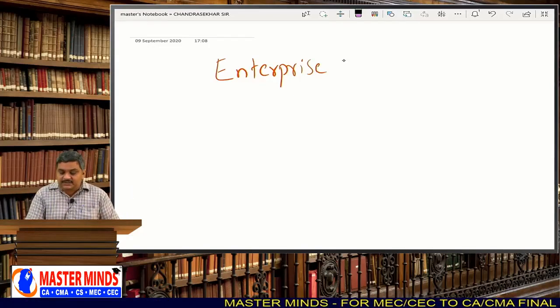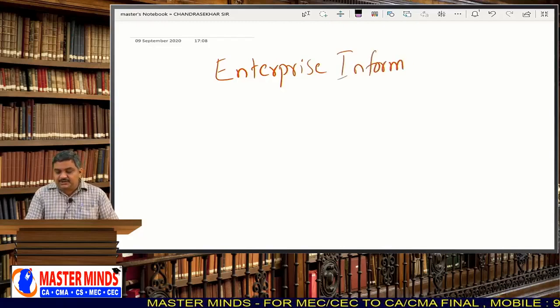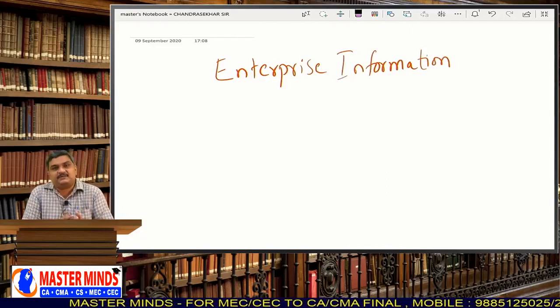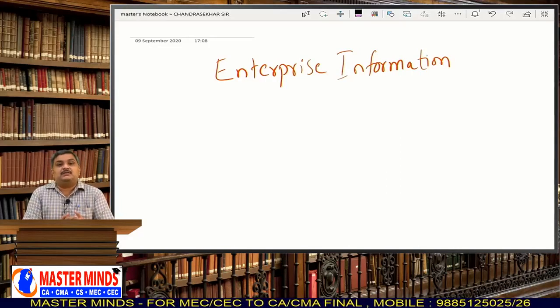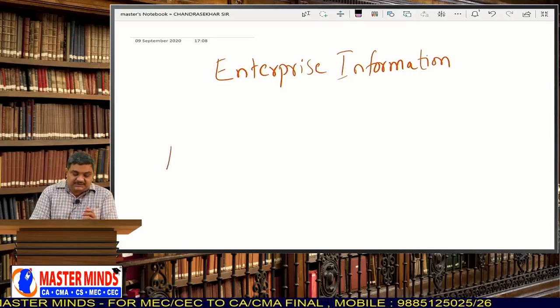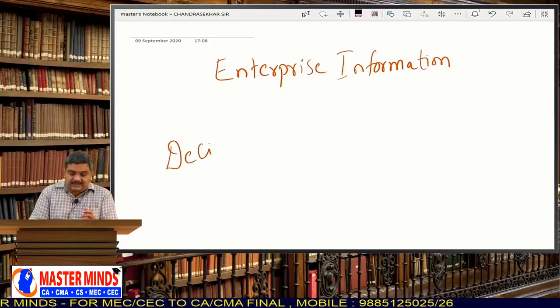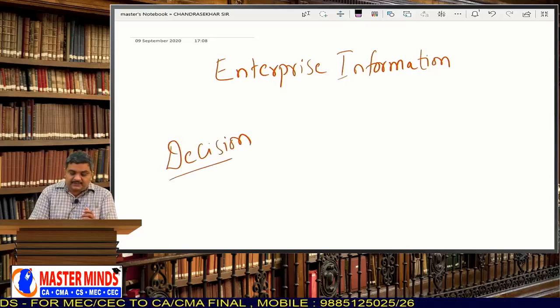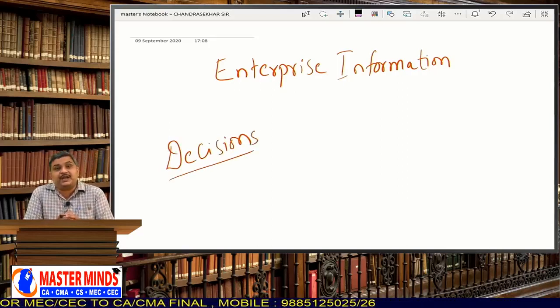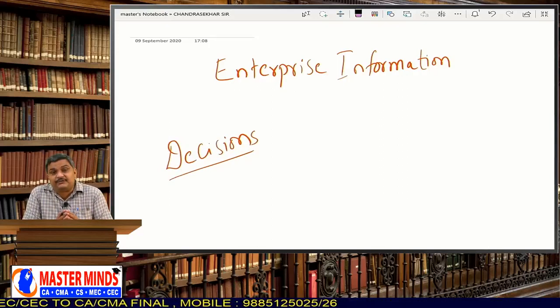And then, what is information? Information is the most important thing for any enterprise, because we have to make decisions in any enterprise, isn't it? Decisions are very, very important. We have to make the right kind of decisions.